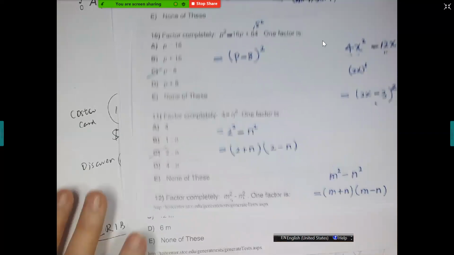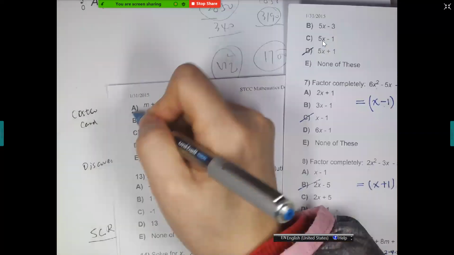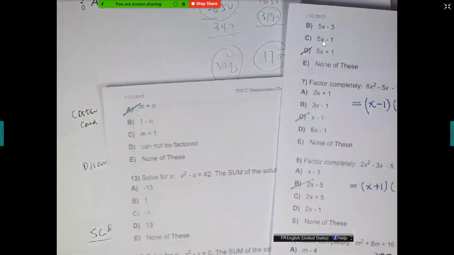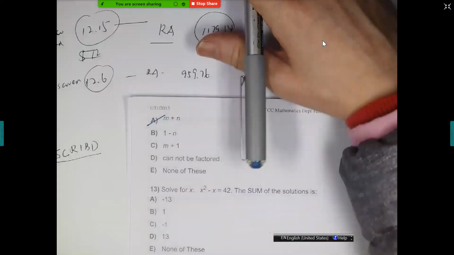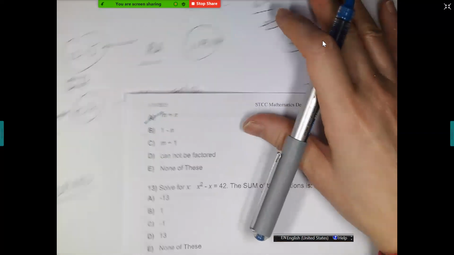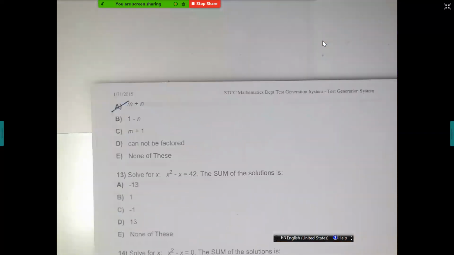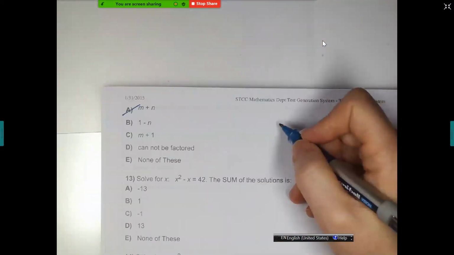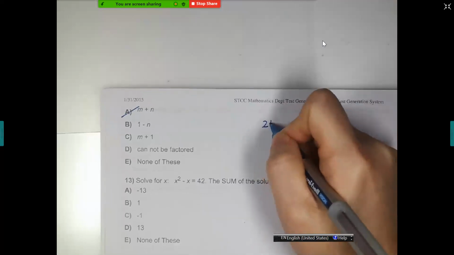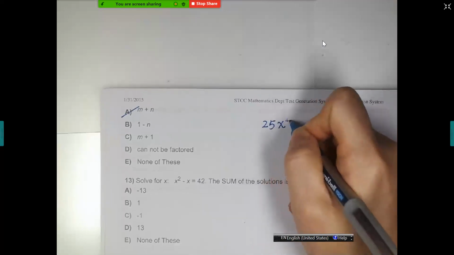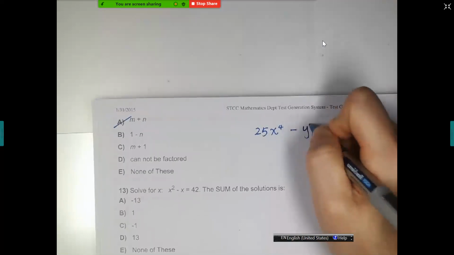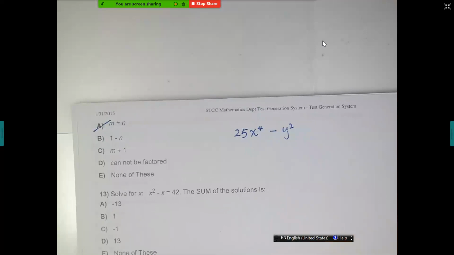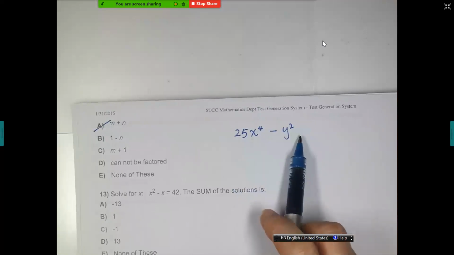One of the answers right here, that's A. And that's the special case. On the exam, I might give you a little more challenging problem, not as simple as this, like 25x to the 4th minus y squared. So what I have here is a binomial.